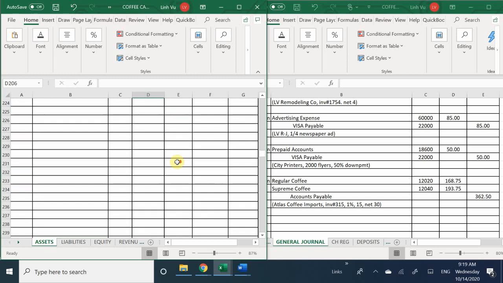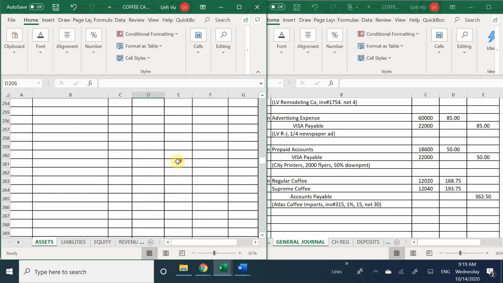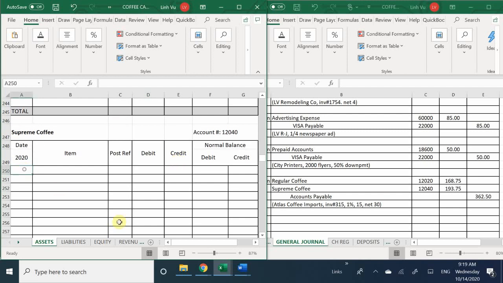Then I'm going to go down to my Supreme Coffee, which is the next one. And I'm also going to enter in June 12th, another 125 pounds. All right, General Journal number 4. Actually, I'm going to be more specific. I'm going to say purchased 125 pounds.